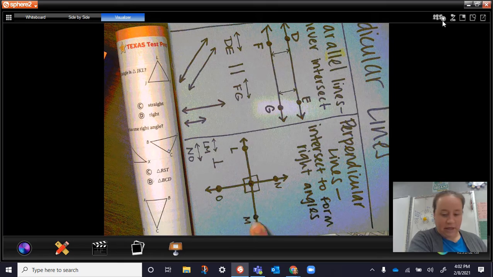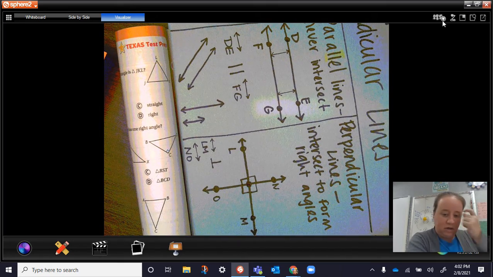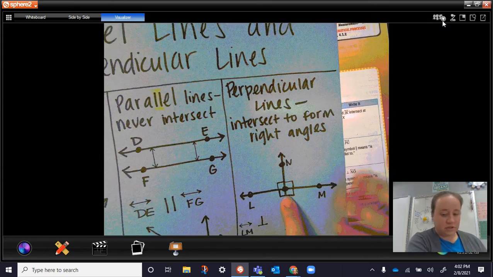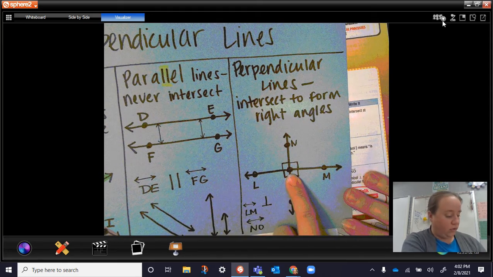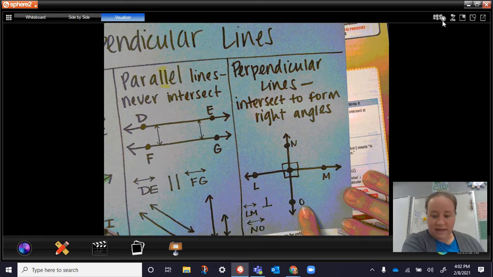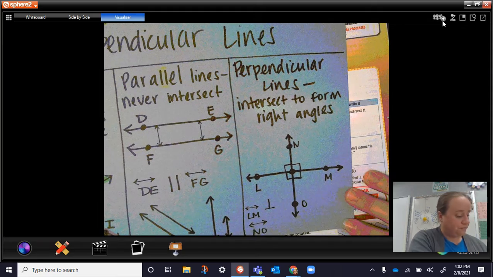Upside down L, upside down L, L. They have very straight lines that look like a capital letter L. So these lines intersect just like the intersecting lines, but they form a 90-degree angle. They make that right angle. So these are special kinds of intersecting lines because they form that right angle.